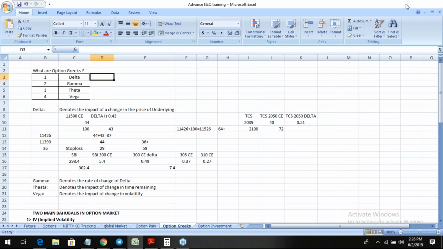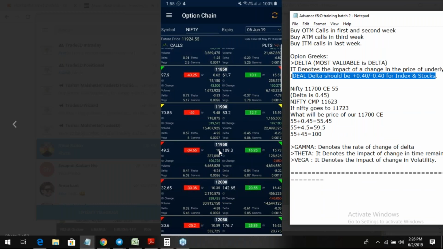So now see, you are buying the 11,950 call. Where is gamma? Here is gamma: 0.0026. Is this audible for everyone? What does gamma denote? The rate of change of delta. Now take a calculator.